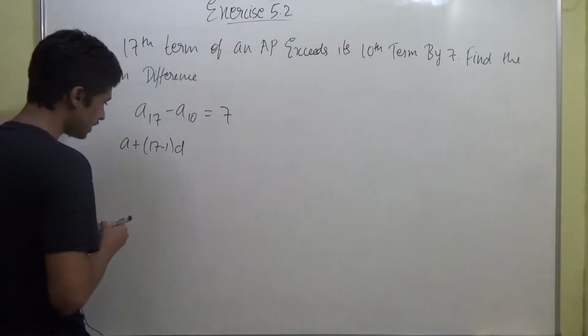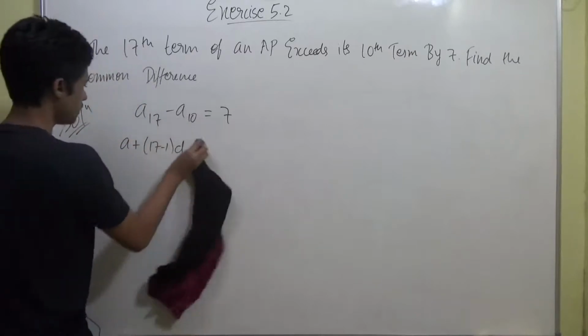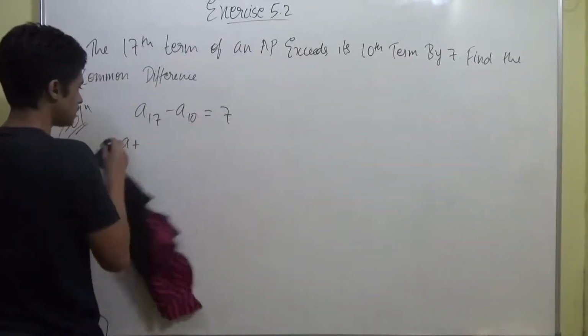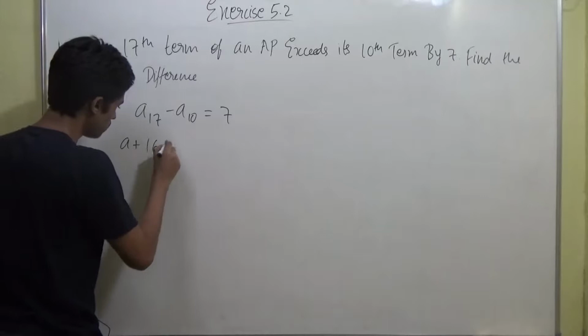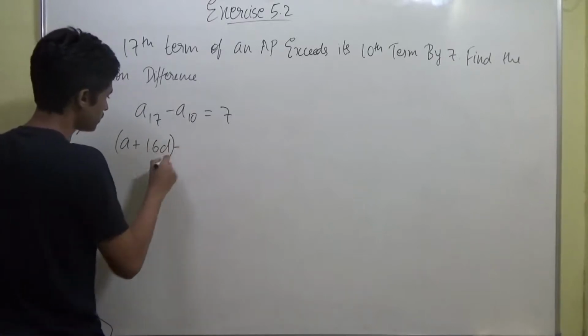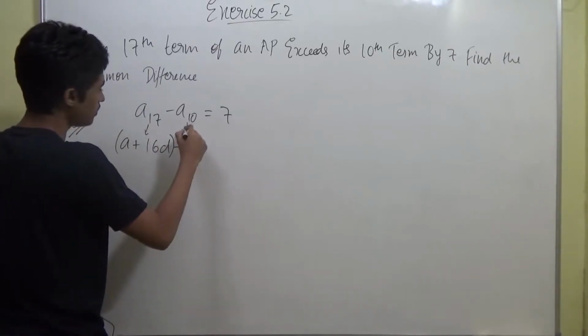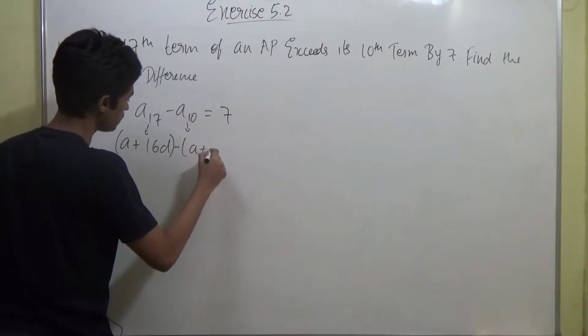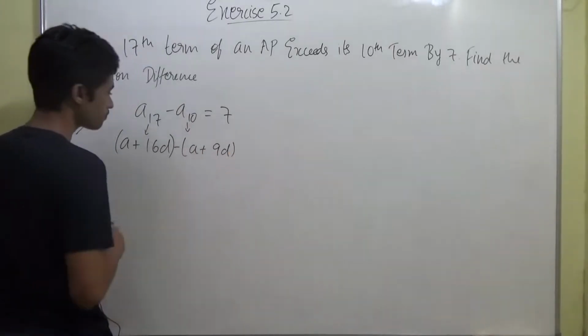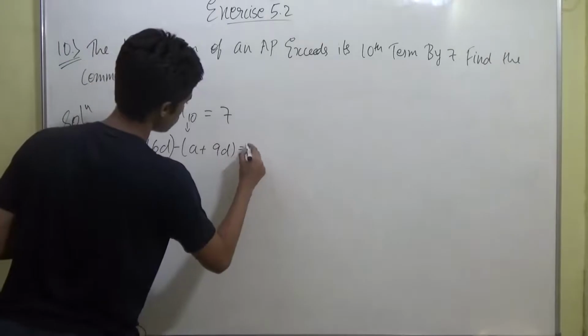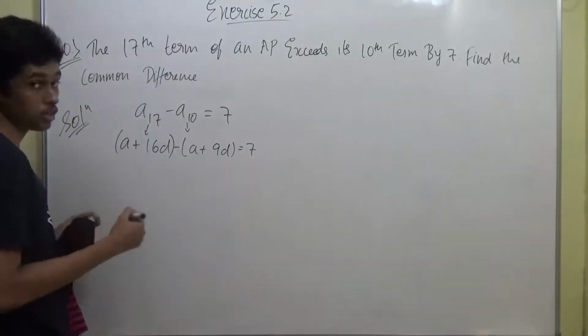This becomes 16d. So this becomes 16d minus this whole thing. This is the 17th term. Now the 10th term is a plus 9d. Done. Equal to 7. Now we have to find the value of d, guys.